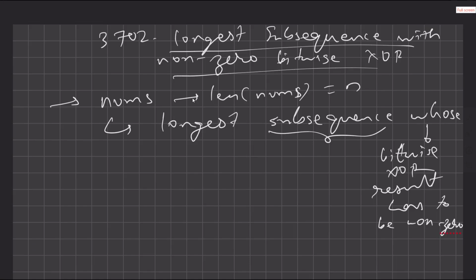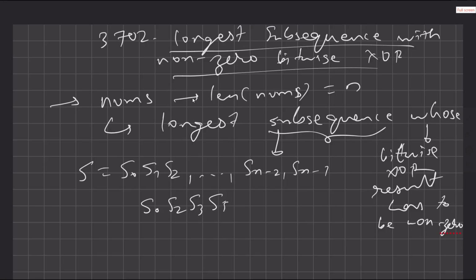Okay, so what is a subsequence? Let's say you consider a string s0, s1, s2, and so on, up to sn minus 2, sn minus 1. This is a zero-based index string and its length is n. A subsequence you can have is s0, s2, s3, s5.